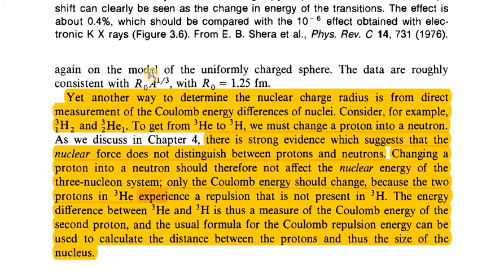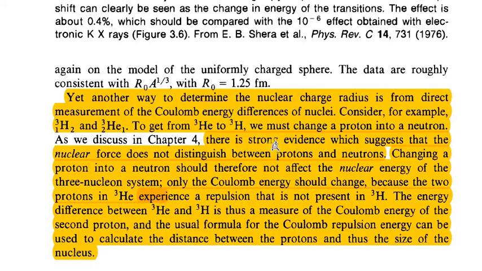Then another way to determine the nuclear charge radius is from direct measurement of the Coulomb energy differences of nuclei. Consider for an example 3,1H2 and 3,2He1. To get from 3He to 3H, we must change a proton into a neutron.